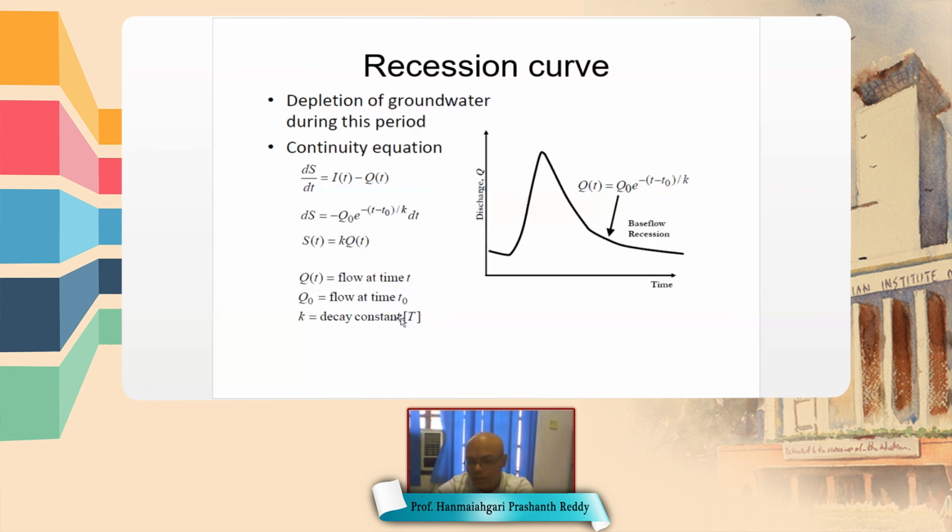K is the decay constant, and QP is the peak flow at time t0. T0 here is the time of peak flow rate, and t is time from the peak. So it should be QP and TP in this equation.